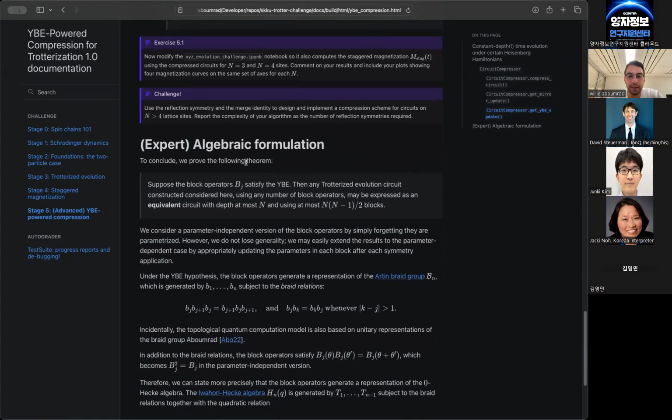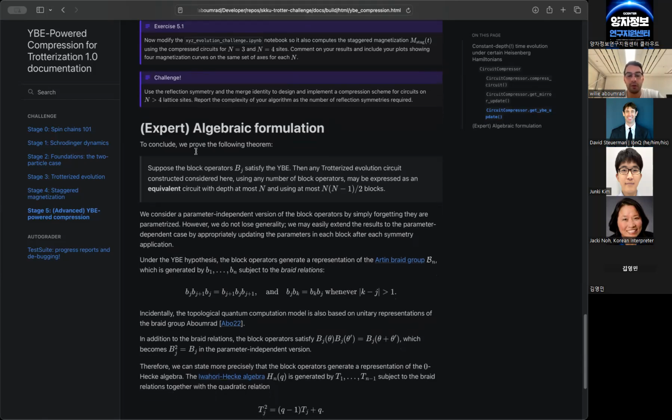For the last bit, let me just talk about another direction in which you could take this problem, and that's deeper into algebra. The reason this works from a mathematical standpoint is actually related to the braid group, which is in fact related to the symmetric group, right?